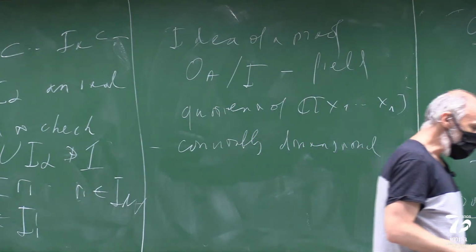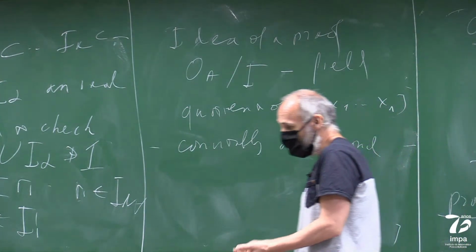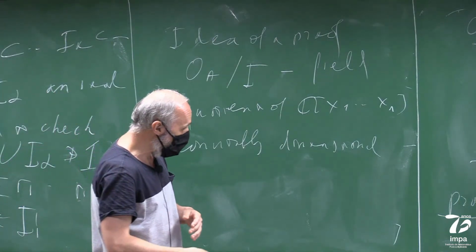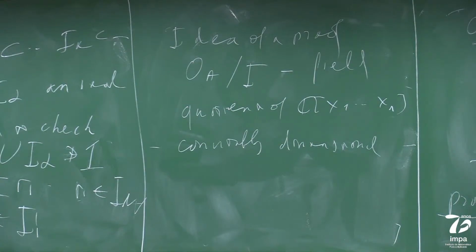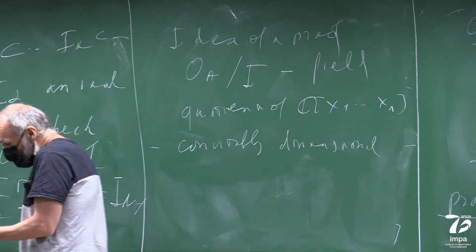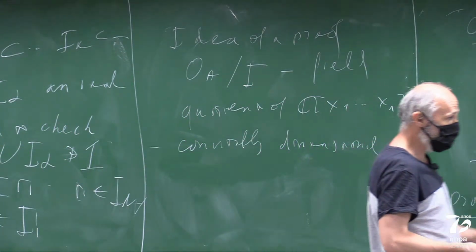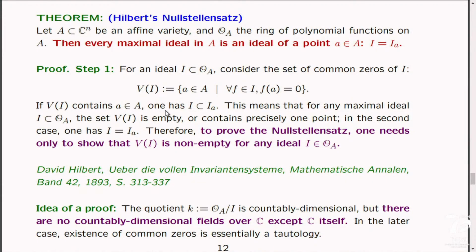So as a basis, you can take a maximal subset of monomials which are linearly independent. You start with a monomial. You check if it's linearly dependent on the previously chosen monomials. If it's linearly dependent, you don't add it. If it's linearly independent, you add it and go to the next monomial. And you repeat that, and then you obtain a basis of monomials. So it is countably dimensional, because it's generated by monomials.